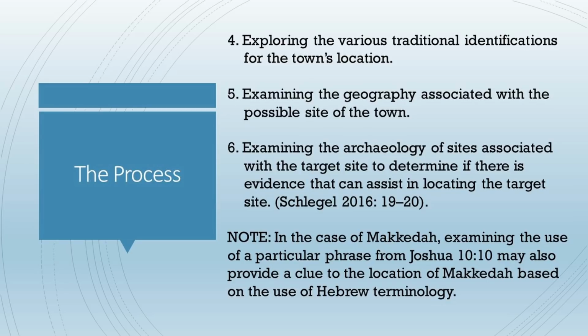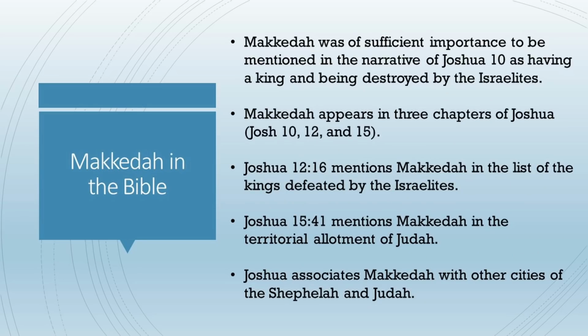In the case of Makkedah, we have an examination of a particular phrase in Joshua 10:10 that may also help us identify the location of the town. So Makkedah was of sufficient importance to be mentioned in the narrative as having a king and being destroyed by the Israelites. And as we'll see, it's an association with some other cities that they battled that had a king and were mentioned also.